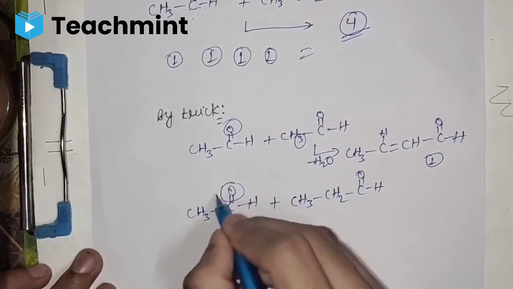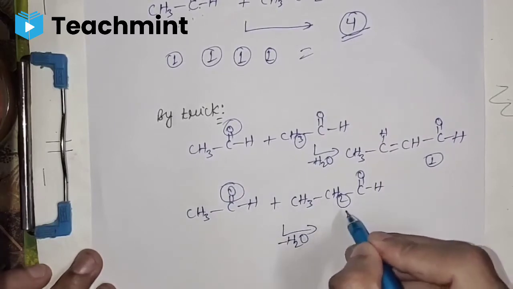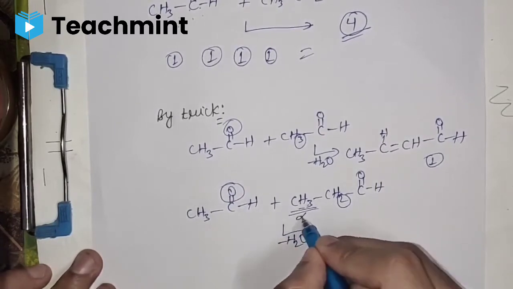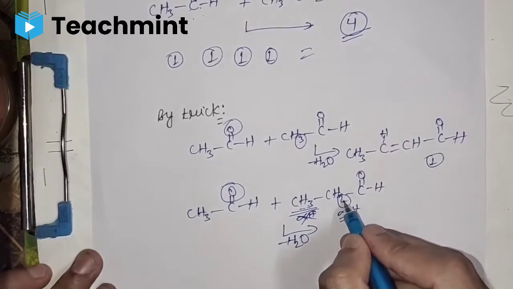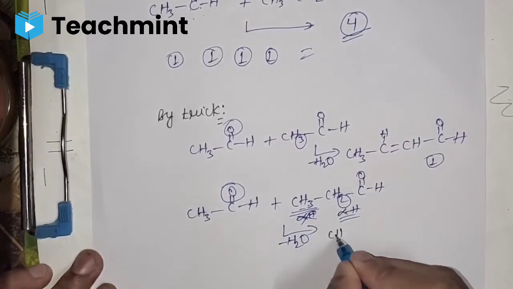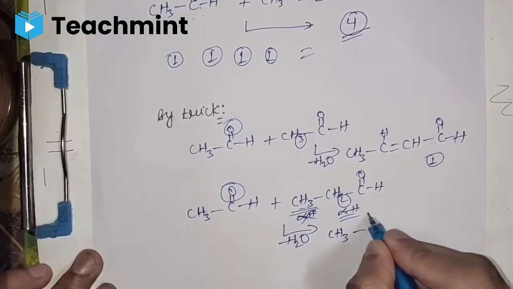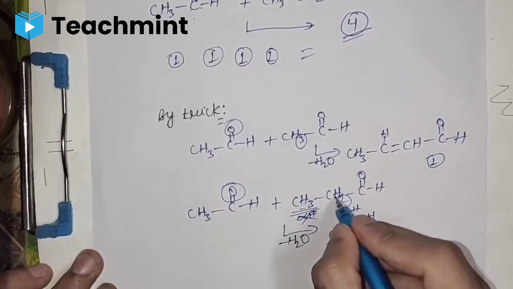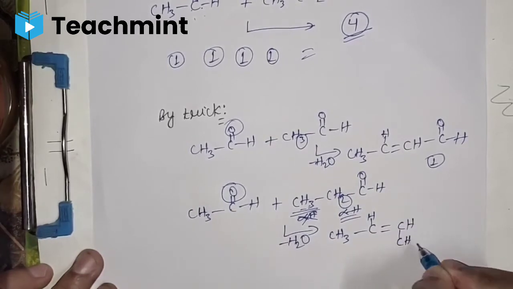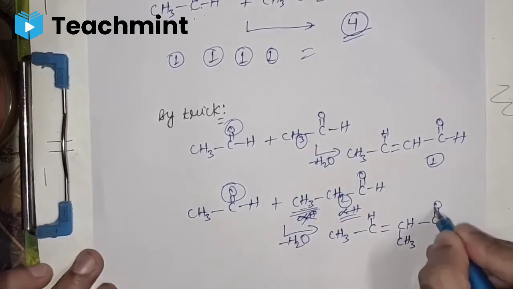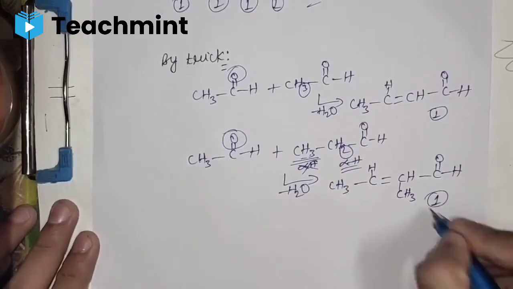So this oxygen and this alpha hydrogen, not this hydrogen, this is not alpha hydrogen, this is the alpha hydrogen. So we need to remove this hydrogen and form a double bond with this carbon. So here it is another product.